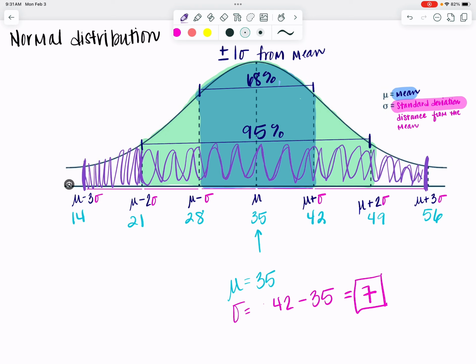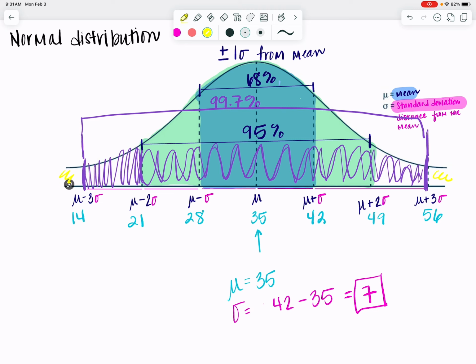So that purple part, from 3 standard deviations to one side and 3 standard deviations to the other, you are covering 99.7% of the data. That means you have 0.3% that's left in your little tails out here.